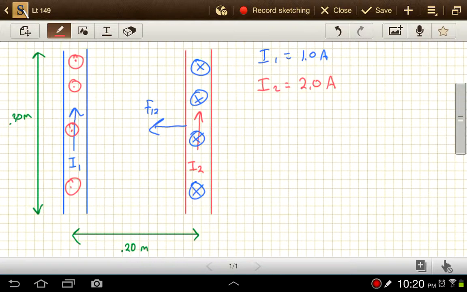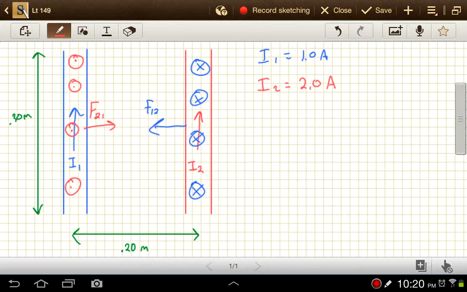So we get this force to the right. The force by 2 on 1 goes to the right, which makes sense given what we know about Newton's third law. These two wires are acting on each other. They should act with the same amount of force and in opposite directions.